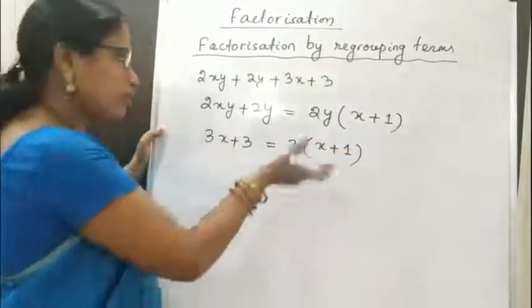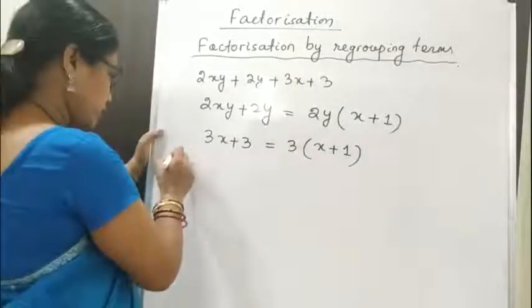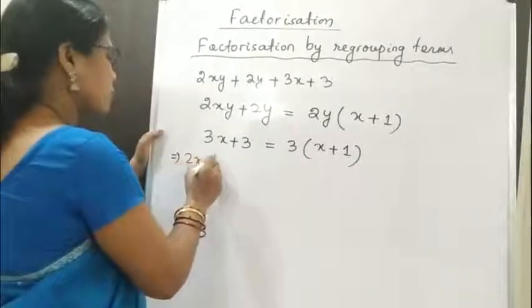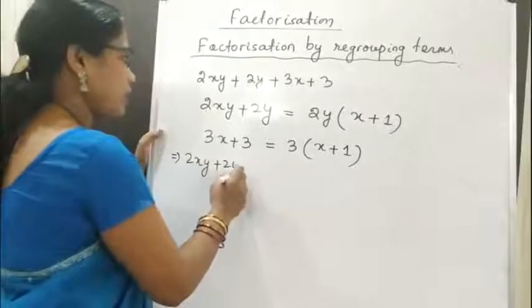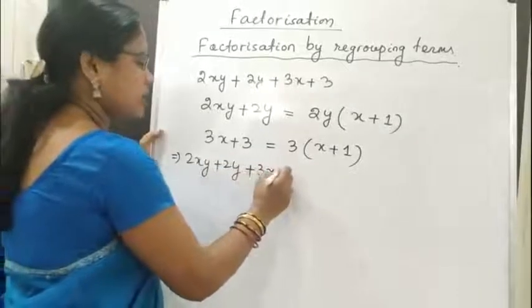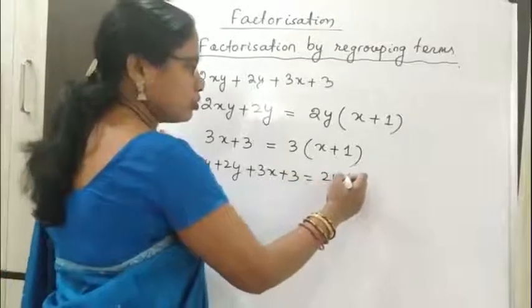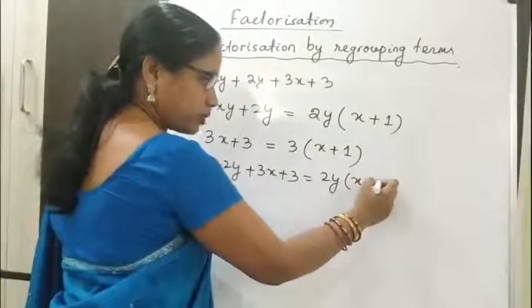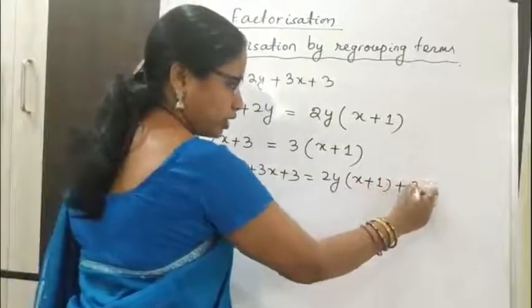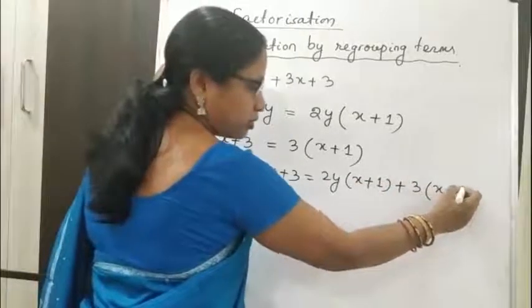Now we will combine these two. 2xy plus 2y plus 3x plus 3 is equal to 2y into x plus 1 plus 3 into x plus 1.